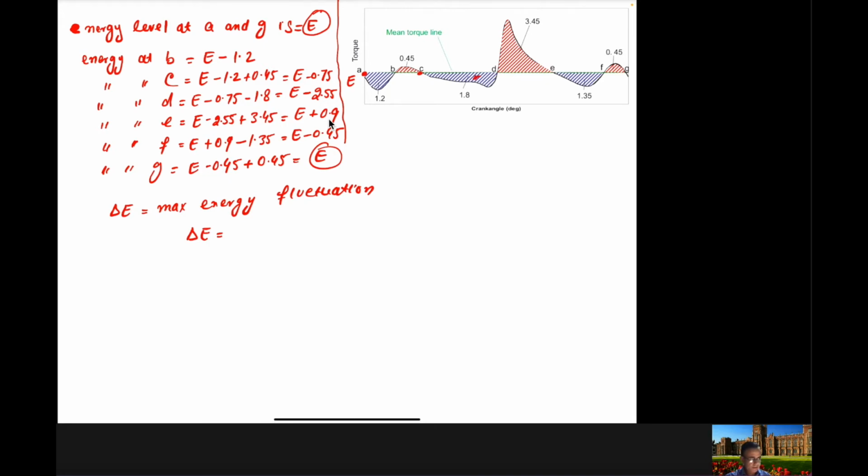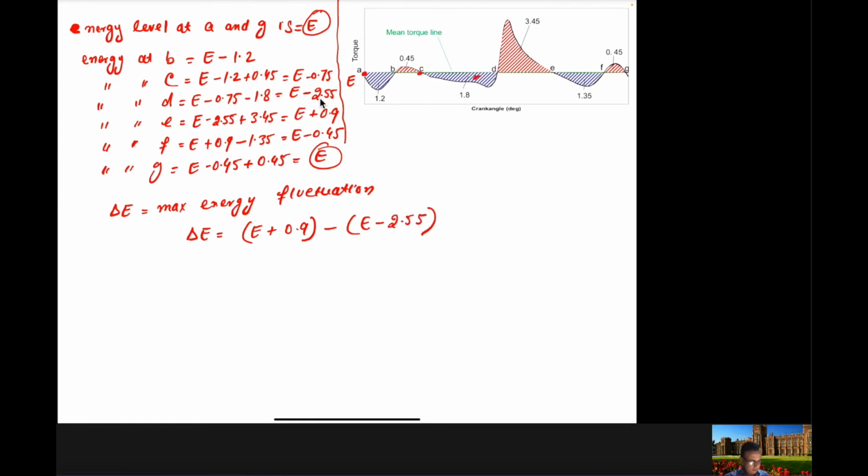And the minimum energy is at this location here, at location D, which is E minus 2.55.